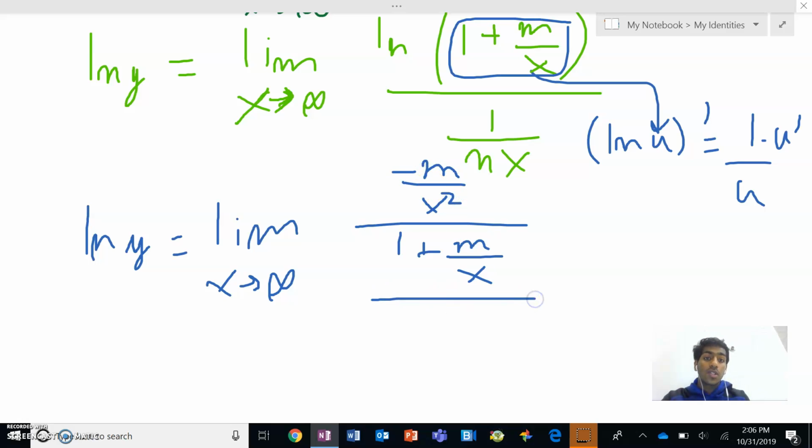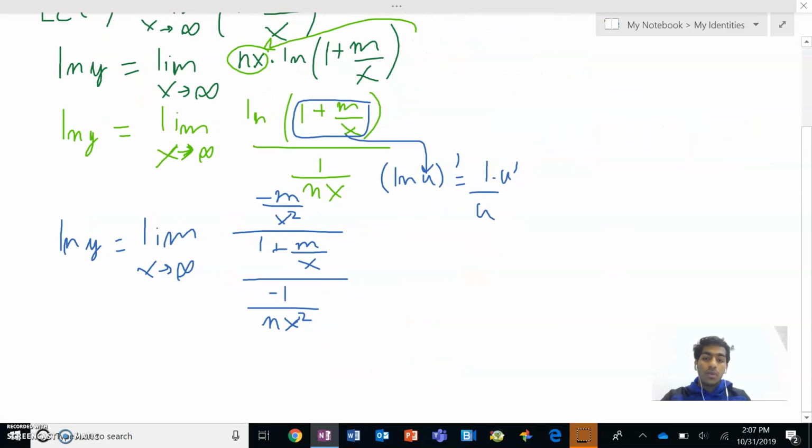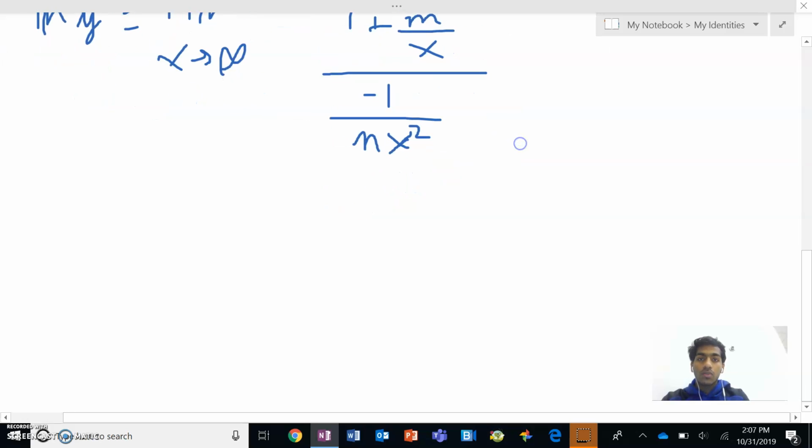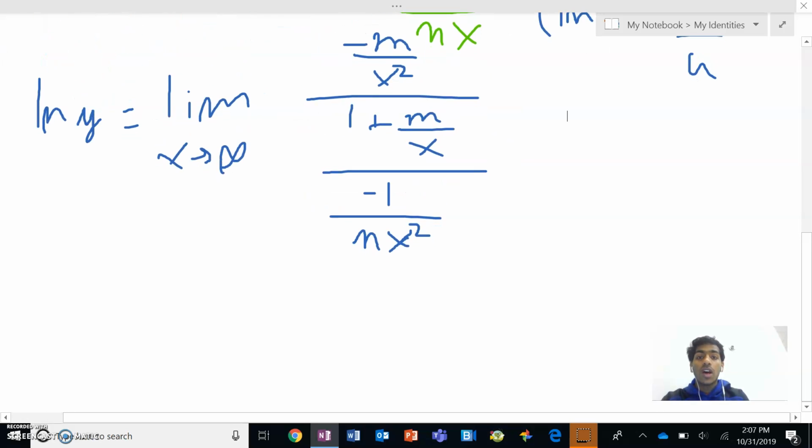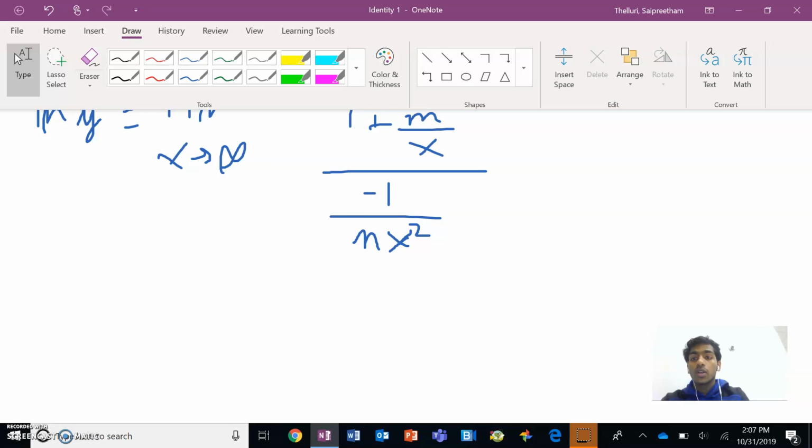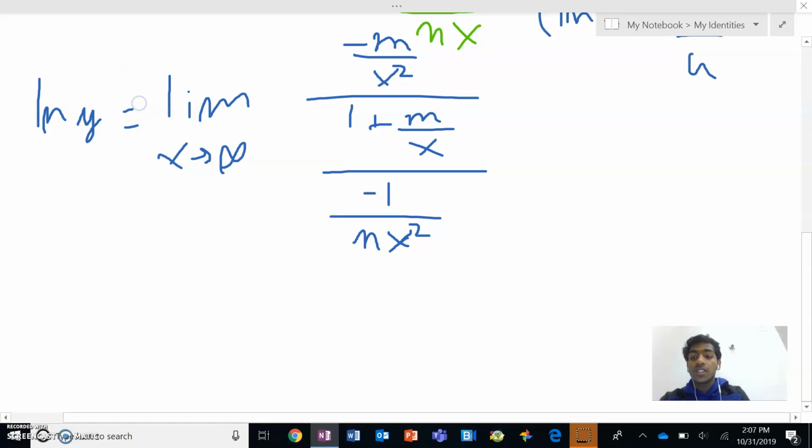And now, differentiating the bottom, 1 over n is a constant, so it stays in the same place, and now 1 over x again, x raised to the negative 1, that gives me a negative 1 over x squared. Now moving on, I will need to clean that fraction up a little by bringing the bottom to the numerator and getting it to multiply and cancel out the x squared and all that good stuff. But let's stick by it step by step.